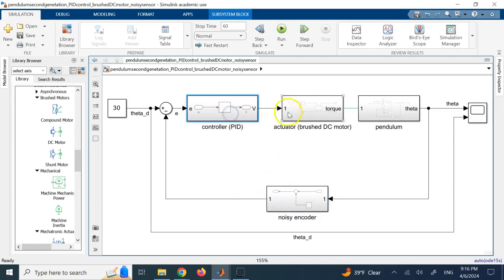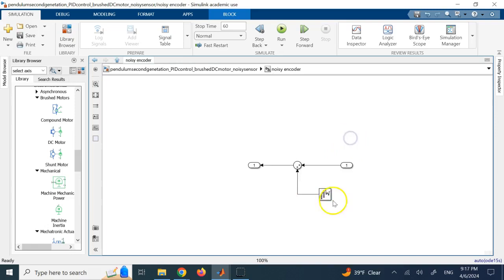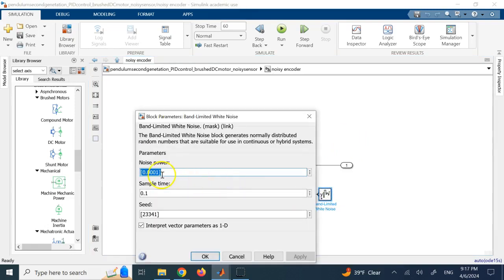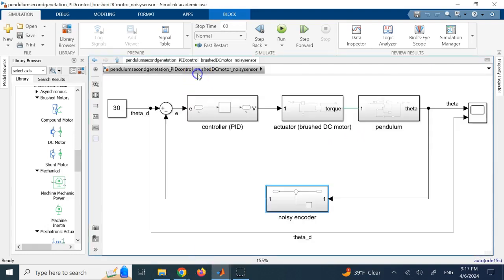One is the control, one is the actuator, the model of a DC motor, and then an encoder which has some noise. To simulate the noise, I added this band limited white noise with a noise power of 1e-4. So I don't assume that my encoder is perfect.